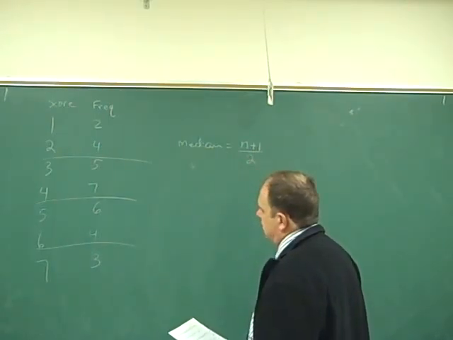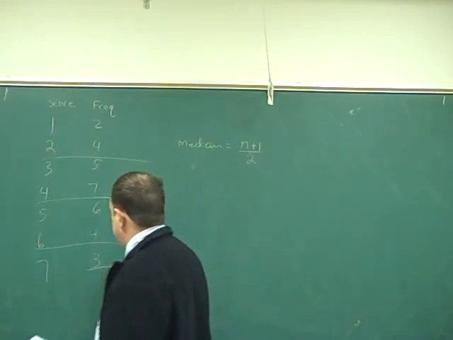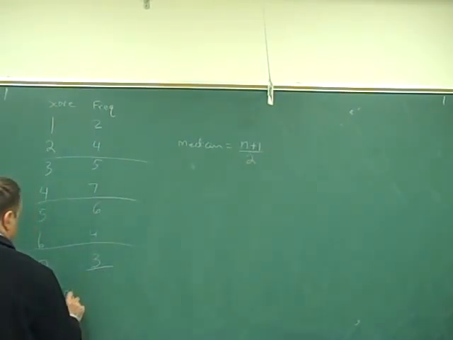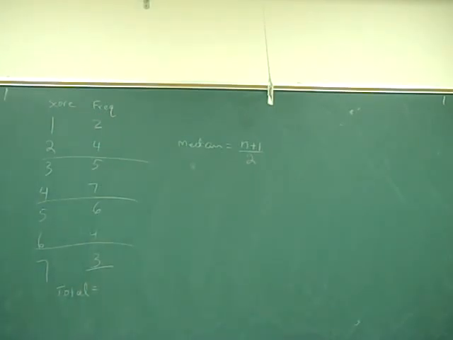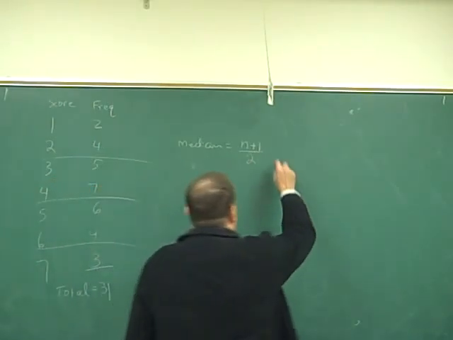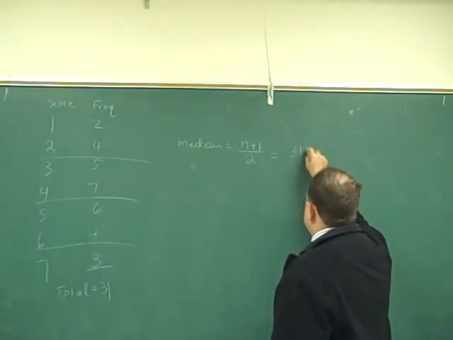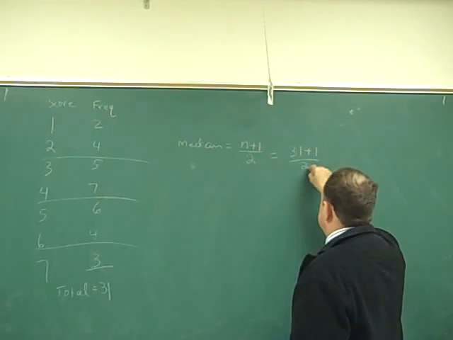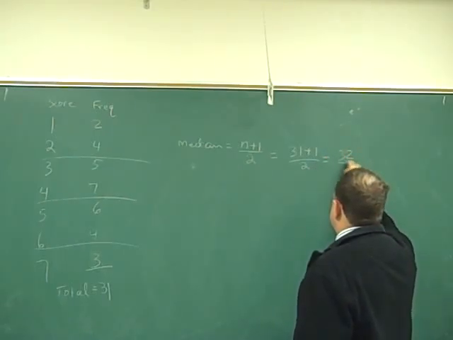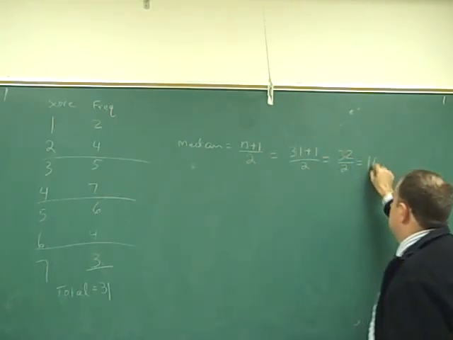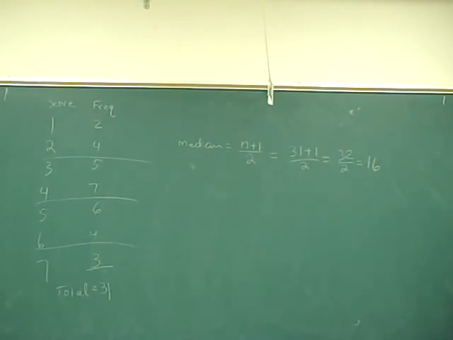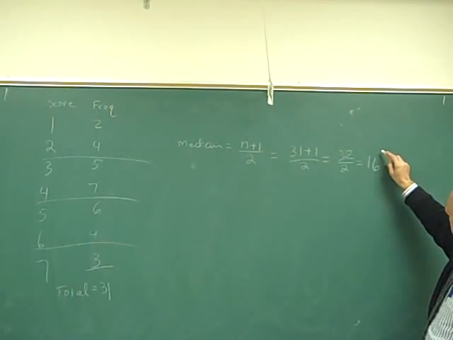Okay, so n is the total number, which we said before was 31. Okay? So that's going to be 31 plus 1 divided by 2. We get 32 divided by 2. And we get 16. Okay? So what we're looking at here for the median is the 16th position.